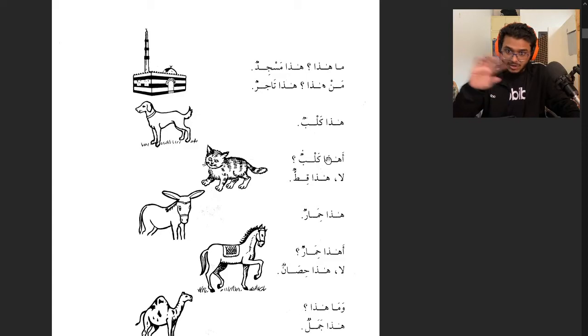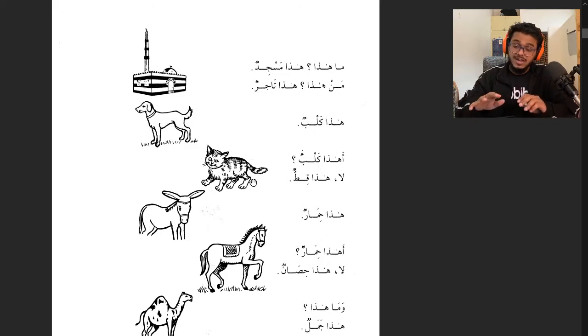It's not a human being, so غير عاقل. قط, cat. عاقل أو غير عاقل؟ غير عاقل. Even if a cat is a living thing, in Arabic we don't see it as عاقل. In Arabic this word عاقل is specifically used for human beings and some other beings.